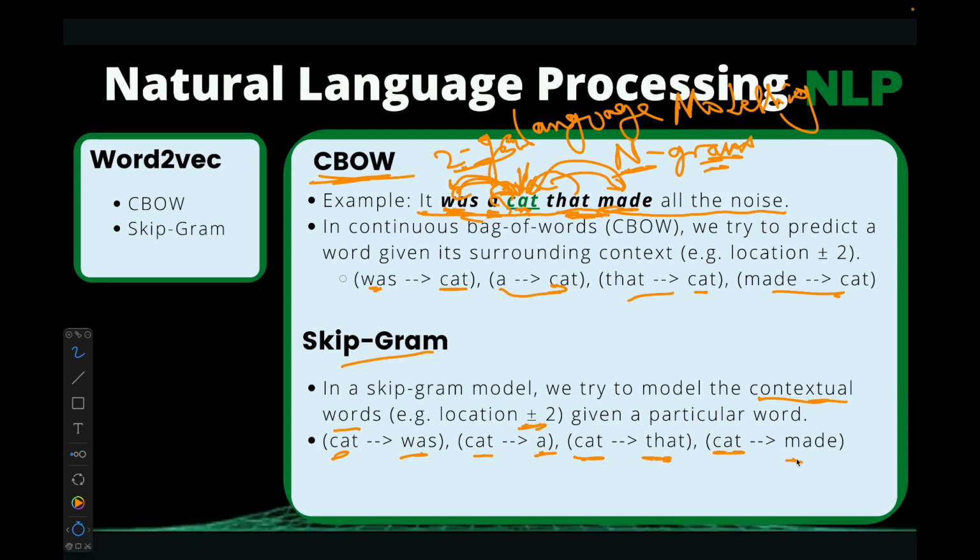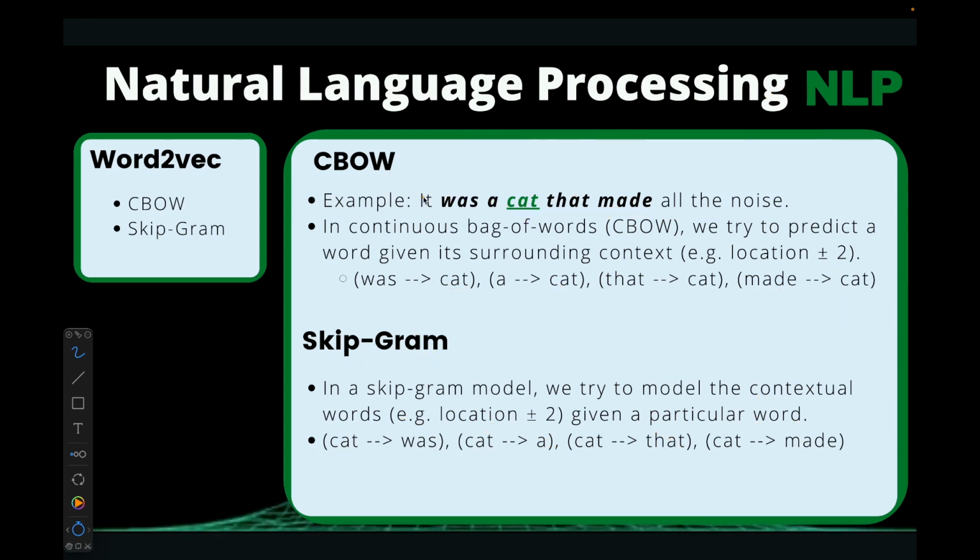Given cat, can we predict "made"? It's kind of an opposite. With CBOW, given "was" or "it", we predict cat; we use the surrounding words to predict the focus word. With Skip-Gram, we use the focus word to predict the surrounding words. That's what we do with Skip-Gram.